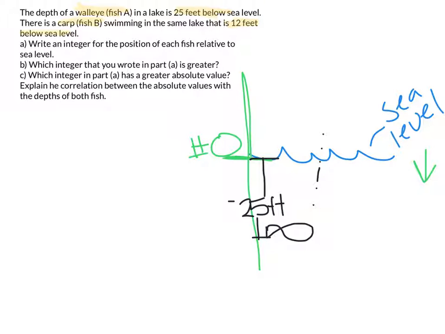Okay, so here's my fish. Again, no judging the drawing. Okay, now that fish is 12 feet below sea level. So from sea level to the fish, negative 12 feet. Great job. So I guess we kind of already did the first part together.